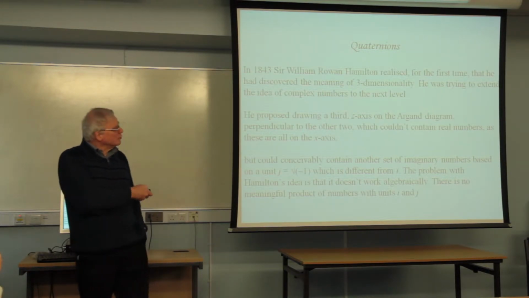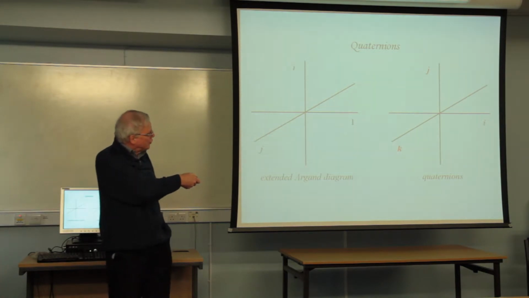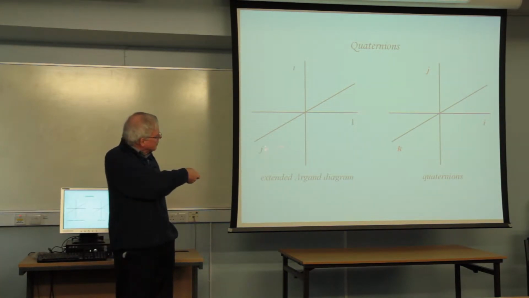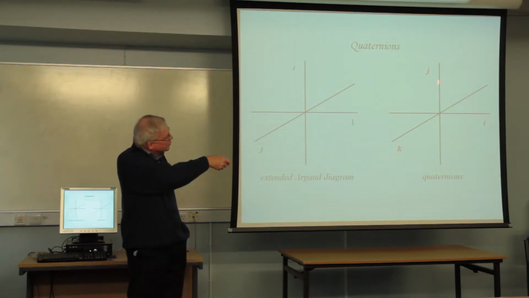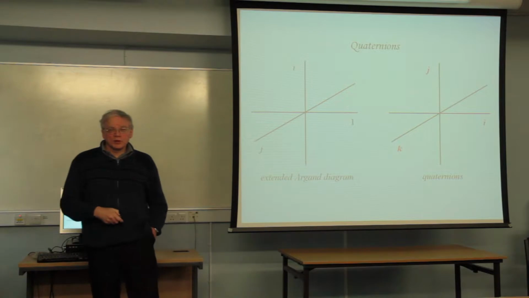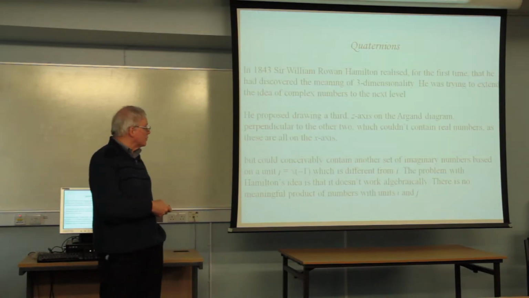However, he realised that if you added a third set of imaginary numbers, K as well as I and J, and got rid of the real axis and just had three imaginary axes, I, J and K, then you could do it. It would work. There was a way of making it work.